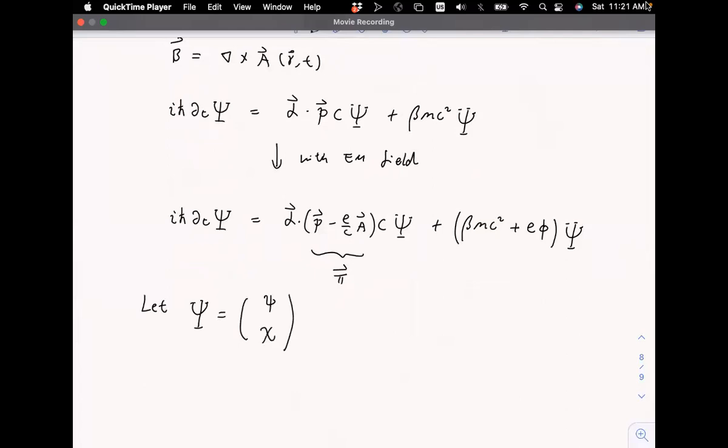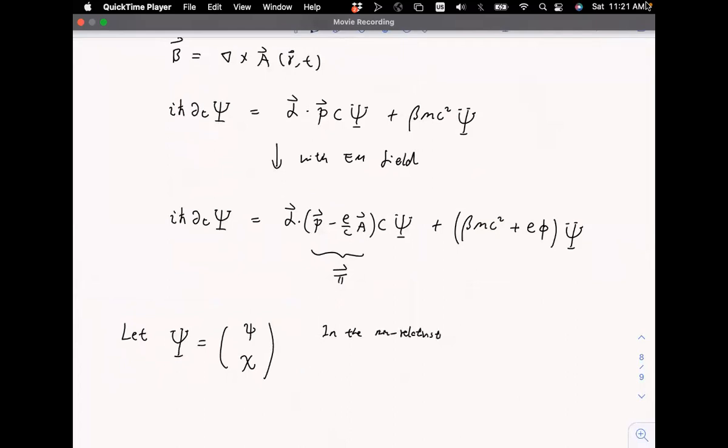In the non-relativistic case of electron, because we're only interested in electron, we're not dealing with positron, phi dominates, and chi is small.